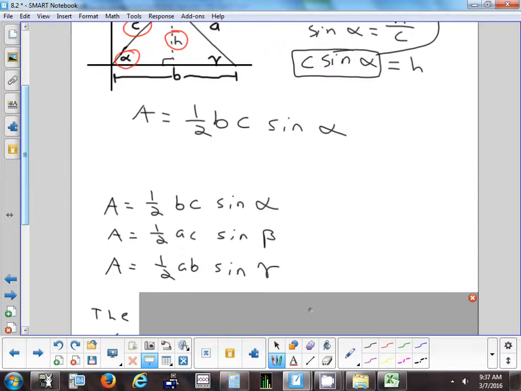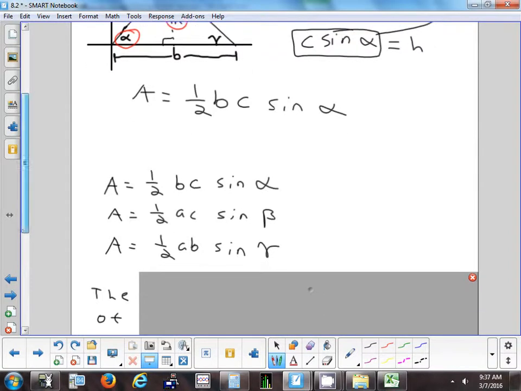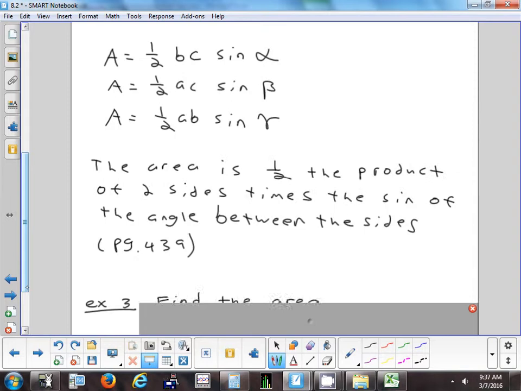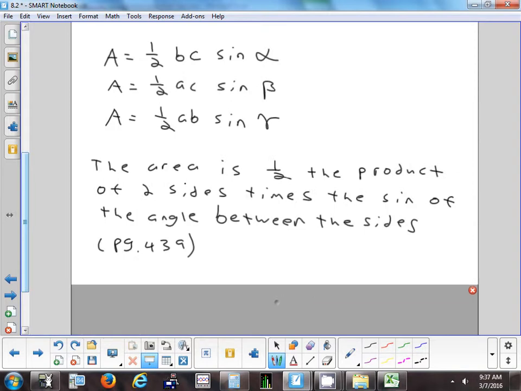And the last version, 1/2 AB sine gamma. So it's helpful just to remember the general idea. The area is 1/2 the product of two sides times the sine of the angle between them. Half the product of two sides times the sine of the angle between them.